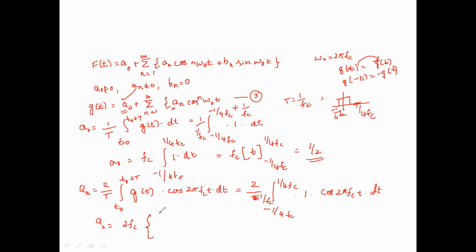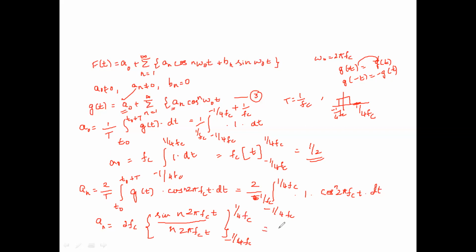Integration of cos is sine. It is cos n 2 pi fc t, so it is sine n 2 pi fc t divided by n 2 pi fc. This is the integration for cos. Substitute the upper limit 1 by 4 fc minus the lower limit minus 1 by 4 fc.